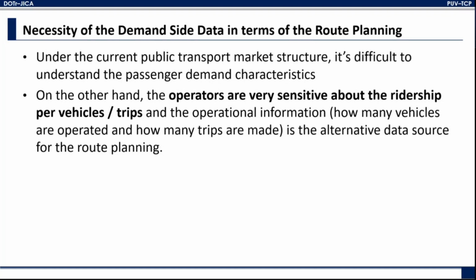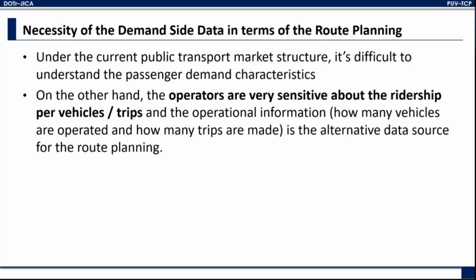However, under the current public transport market structure, it's very difficult to understand the passenger demand characteristics. It means all public transport operators need to submit their passenger demand information to the government, and the government side also summarizes and makes a very detailed analysis of public transport for the route planning.